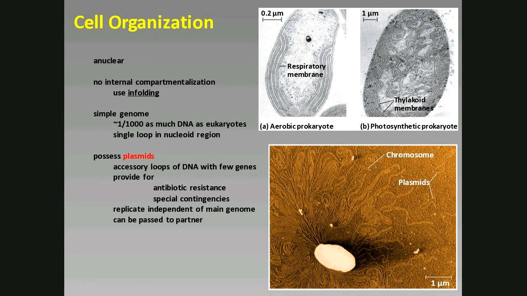Prokaryotes are relatively simple in their genome. Within a prokaryote, they have one chromosome, right? We have several. We have 23 pairs in the case of human beings. Prokaryotes have about 1,000th as much DNA as the eukaryotes, in a single loop, not even in a nucleus, right?